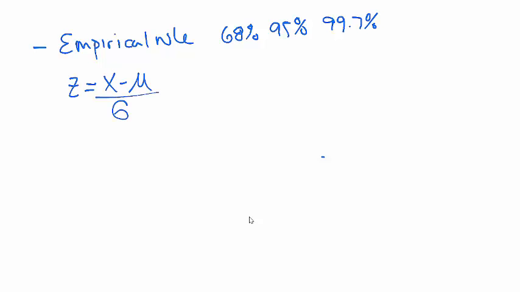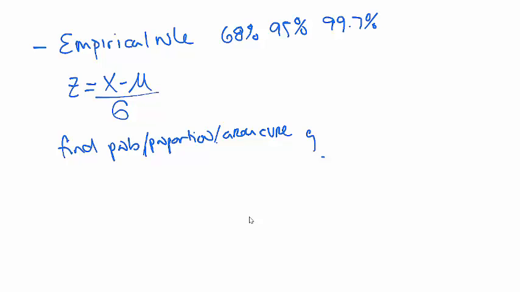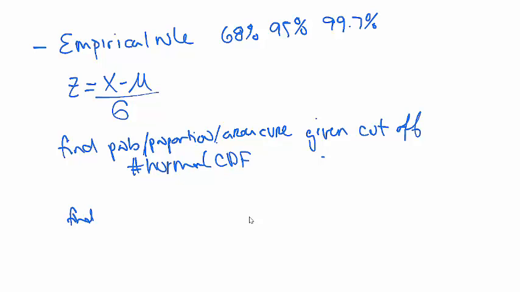You need to know how to find the probability or proportion or area under the curve. They all are the same thing, given a cutoff value, i.e. using normal CDF, or you need to find the cutoff value given the area under the curve.